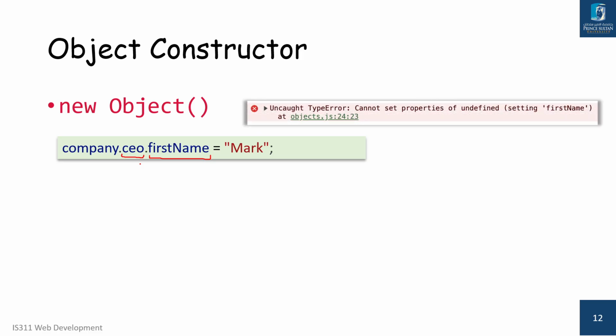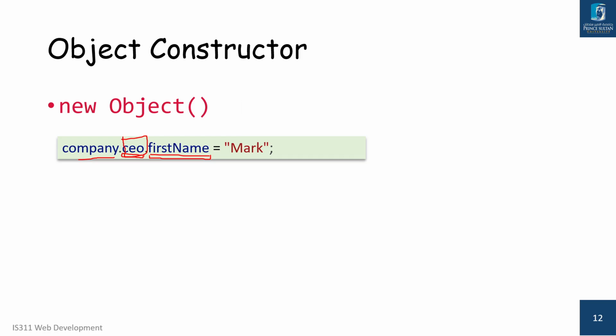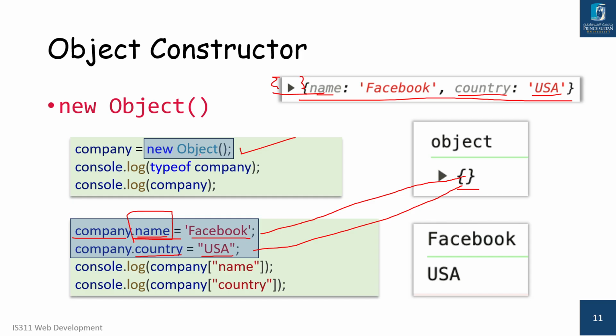But if you are trying to create an object using the dot notation this way, it says no, cannot set properties of undefined. That is because ceo is not defined in the company object, and then we are trying to access another first name property inside the ceo as an object, so it says you can't do that. If you want to do something like this programmatically, you need to create that ceo object first inside the company using the new object method.